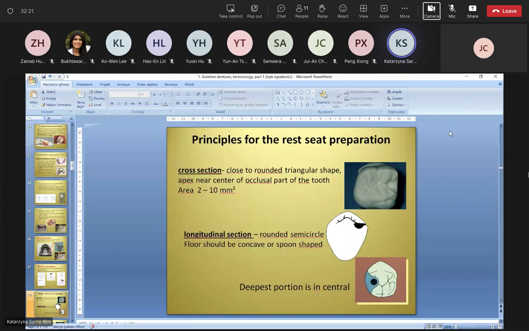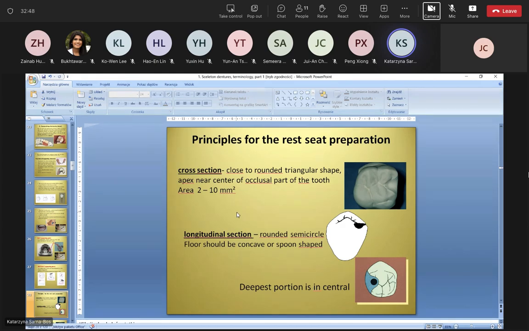And what are the principles for the rest seat preparation? So if we need to prepare the rest seat for the rest, we need to know some principles. So first, the cross section. What shape should be made for the rest?